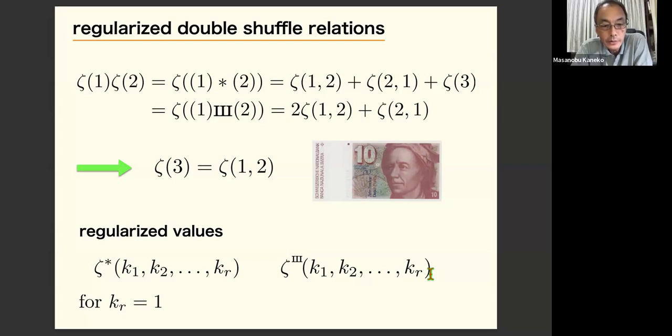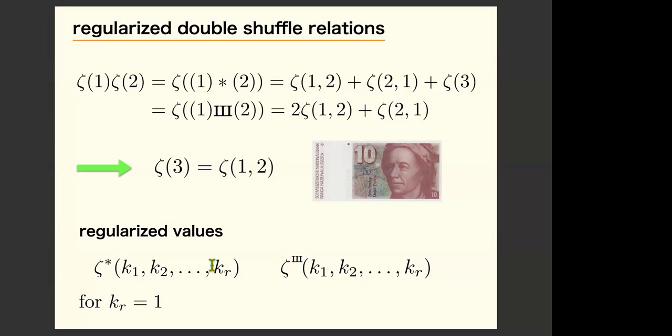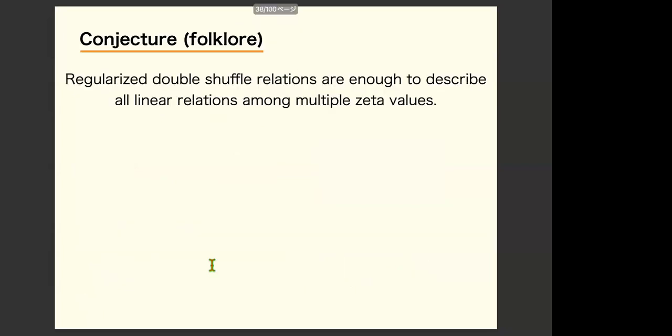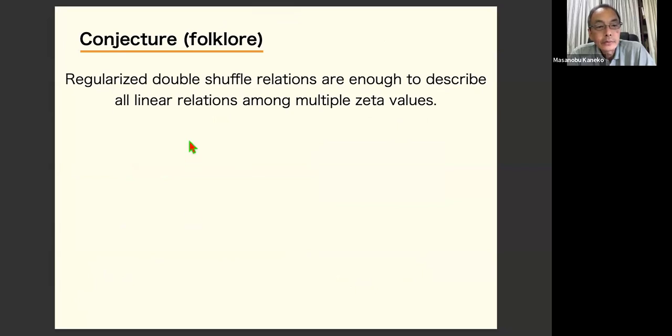There is a certain process to extract these finite values from the divergent indices. Then it's a folklore conjecture that these regularized double shuffle relations, which I didn't explain in detail, are enough to describe all linear relations among MZVs.